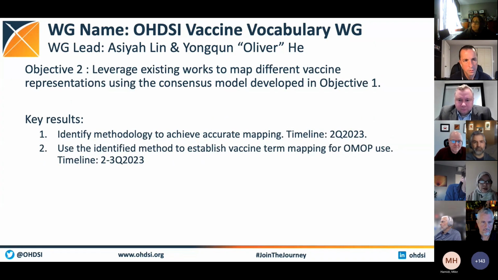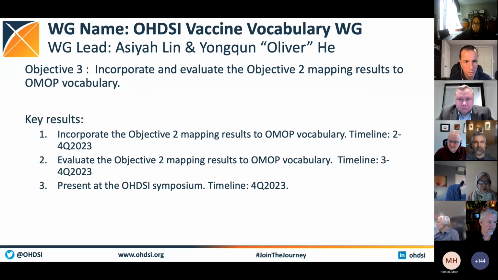Next, after we decide on the consensus model, we then leverage existing work to map different vaccine representations to this model. The key result will be that we identify a methodology to achieve an accurate mapping, and then use that to establish vaccine term mapping for OMOP use.